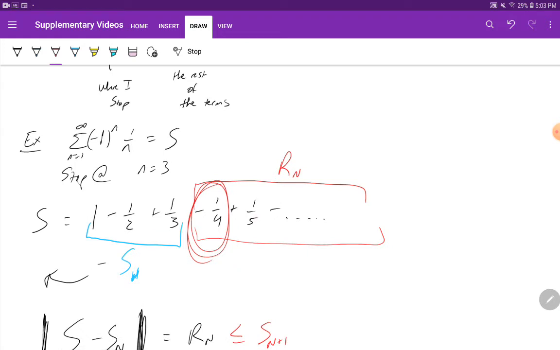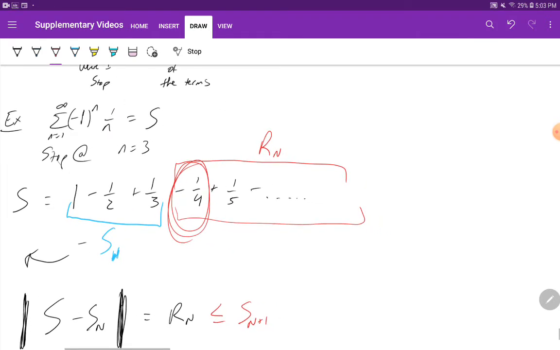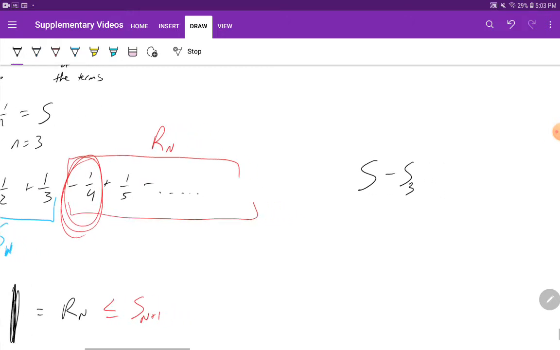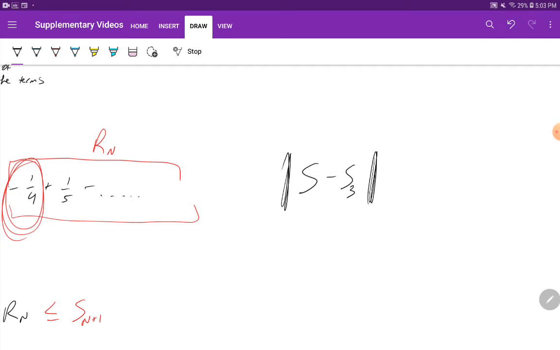The actual sum, when you stop at the third term, is going to be bounded by the absolute value of -1/4, because we're talking about amount, not plus or minus. So we're actually just going to say 1/4.